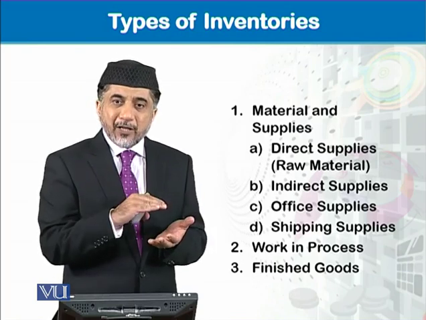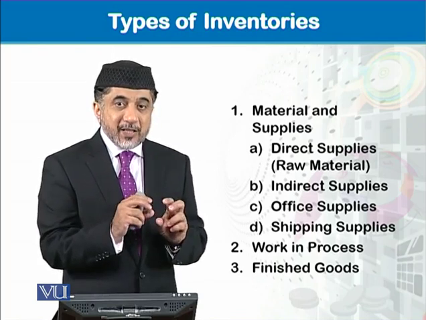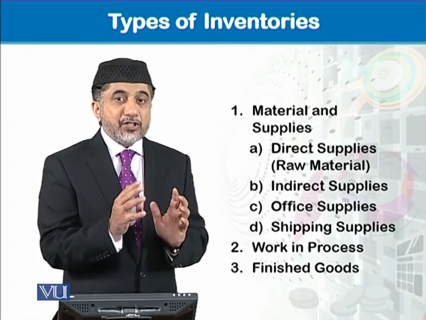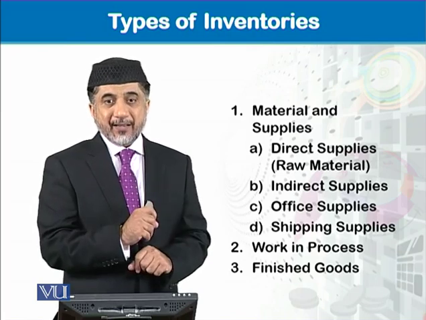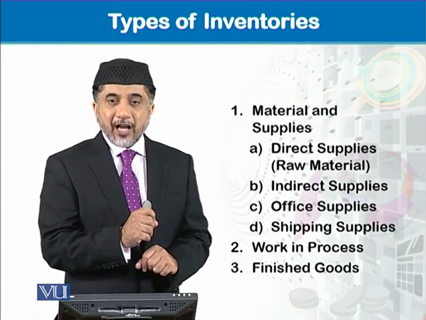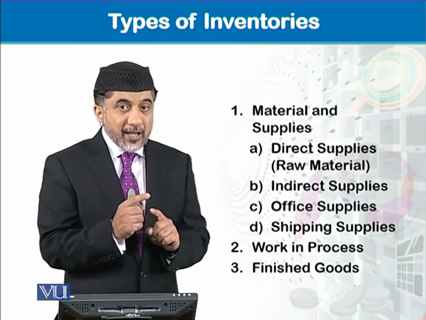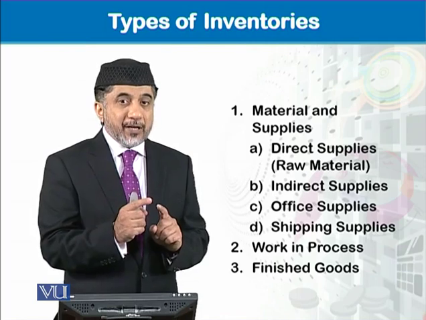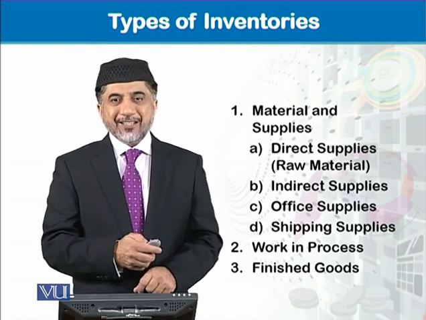So at the end of the reporting period, we will recognize these unsold finished goods as an inventory, as an asset. These are the types of inventory that we will be working out while preparing the manufacturing account and trading account of a manufacturing entity.